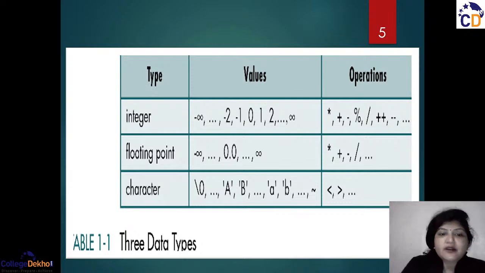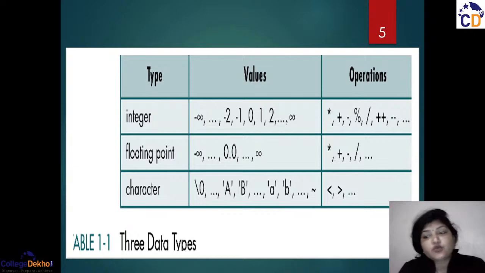Now we have characters, like I want to compare between two characters or two strings. Like I am going to compare whether the student name is equal to another student name. So we can compare with the help of comparison operators. So these are the basic data types that we have, and we are going to use them.